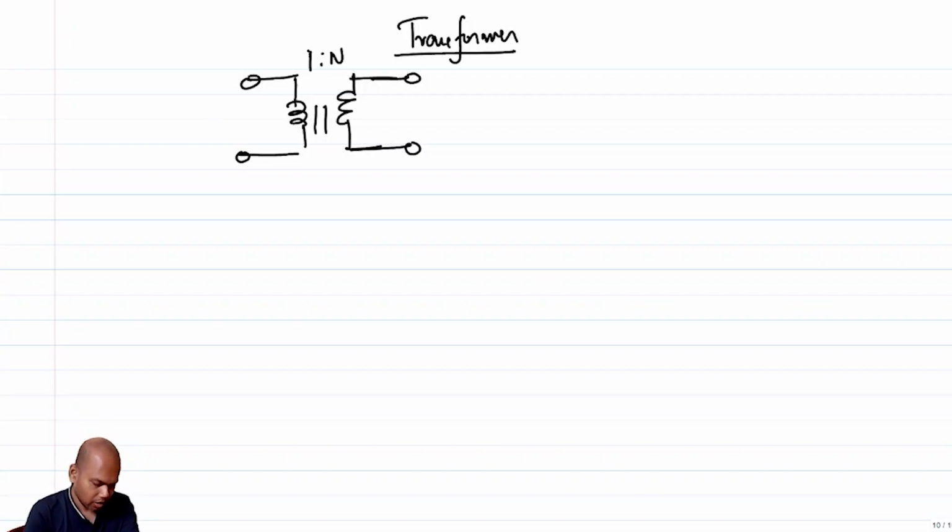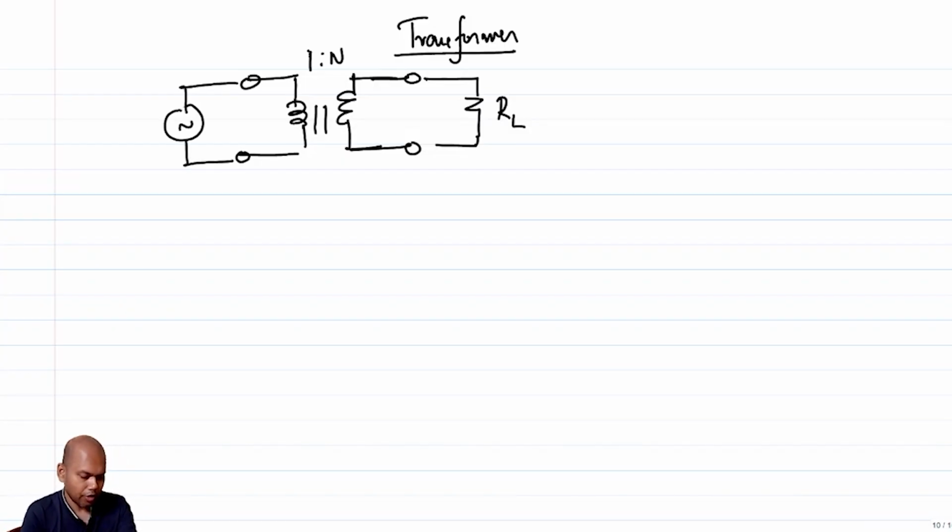correct? And there is some load connected on either side. So let's assume that there is a load RL connected here, and you are applying a voltage here. I would like to find out what is the impedance looking in. That is the goal. So what do I know?